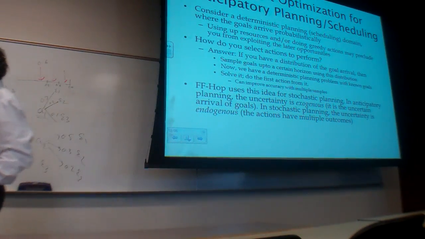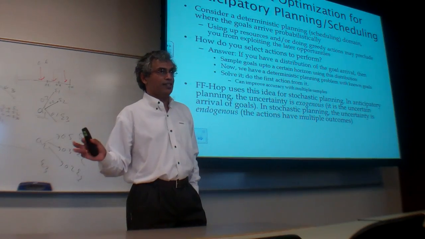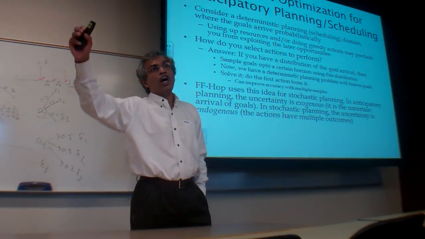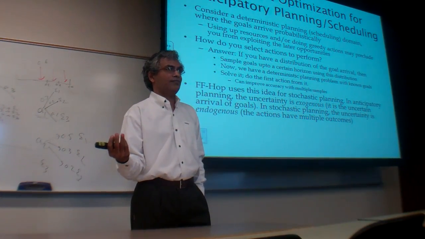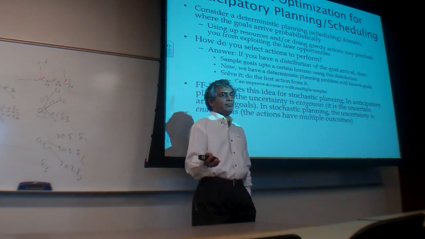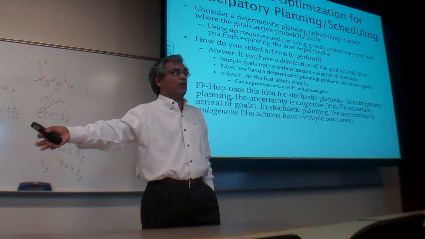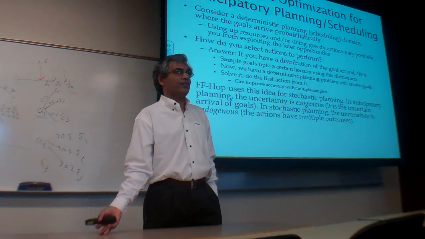The difference between that problem and our problem is, in that problem, the scheduling decisions are all deterministic. It is the jobs, the goals, that are probabilistic. In our problem, the goals are deterministic. Given any particular domain, there is a goal, because that's a reward function.